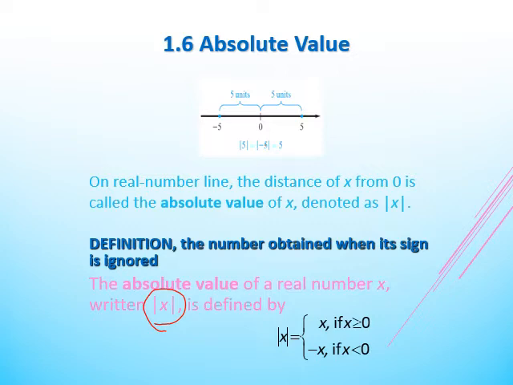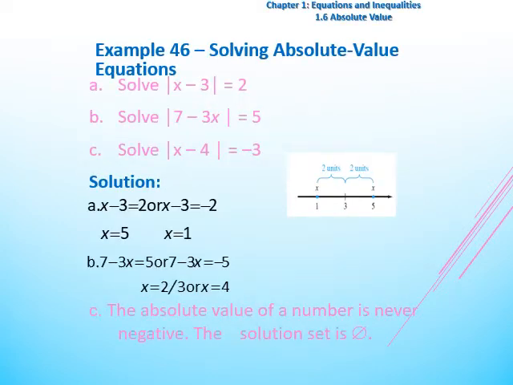So we have two values of x. We will learn how to solve absolute value equations and then absolute value inequalities. First, solving absolute value equations. We have the absolute value of x minus 3 equals 2. This means these equations have two signs, maybe 2 or negative 2.